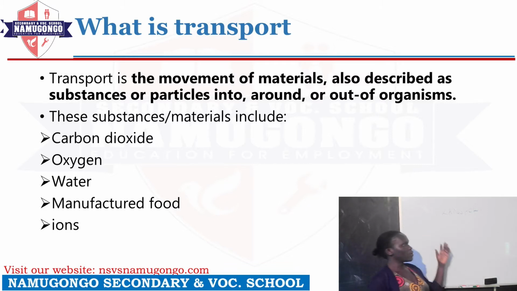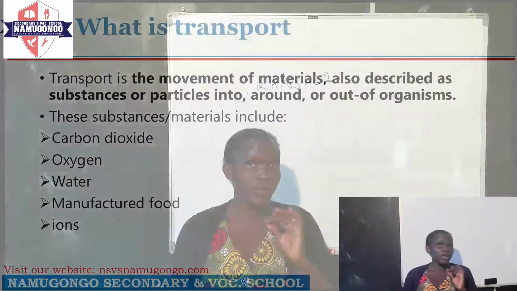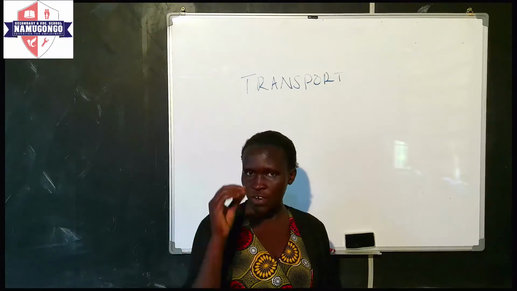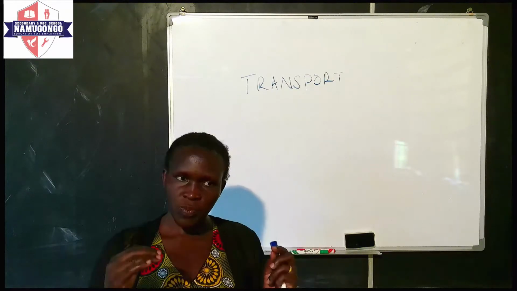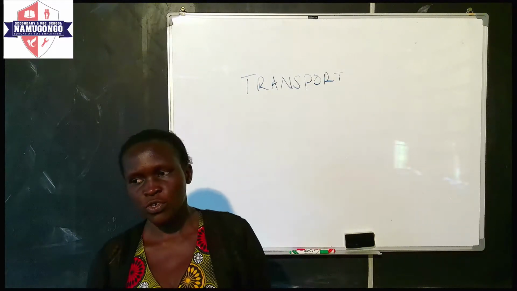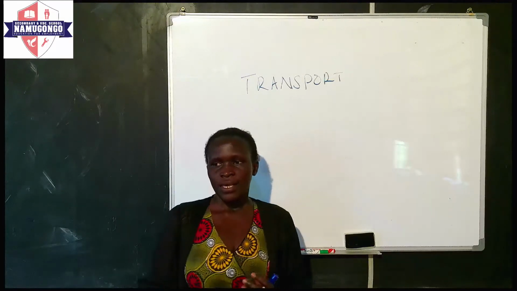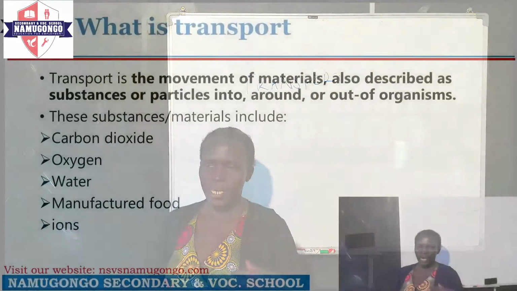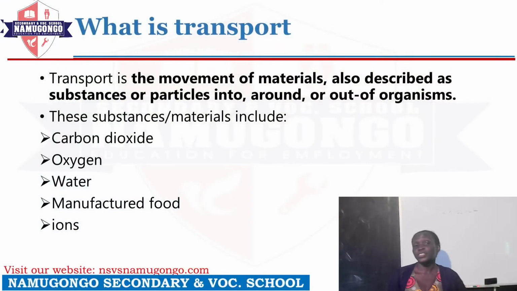When we talk of an organism, one thing that comes to your mind is that an organism is made up of cells. So meaning that when we talk of transport, we are looking at transport inside and out of a cell. Besides that, there are different substances that an animal or an organism actually needs to transport. And these substances include carbon dioxide.